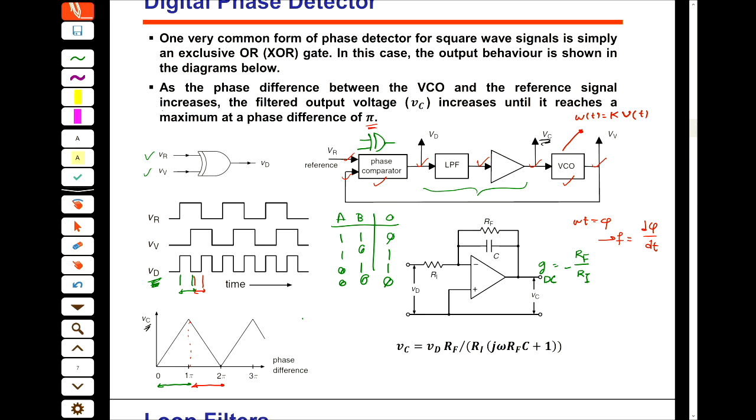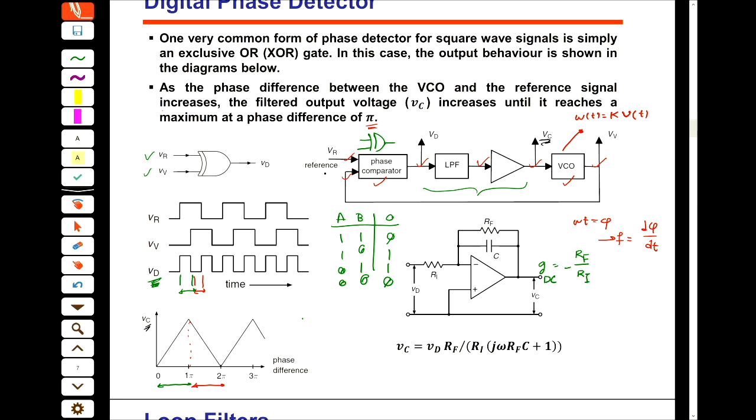Now our loop is open, but we assume that the frequency that we can apply at this point is very close to the reference frequency. I mean, our VCO is working in the correct region. It's not very far away that it goes out of phase and it cannot lock.